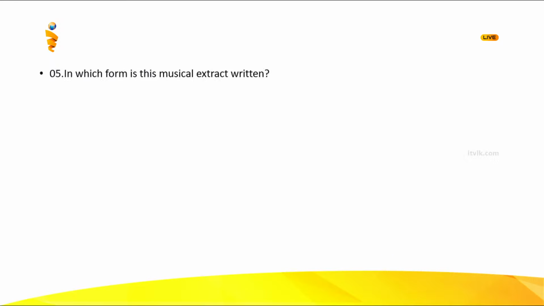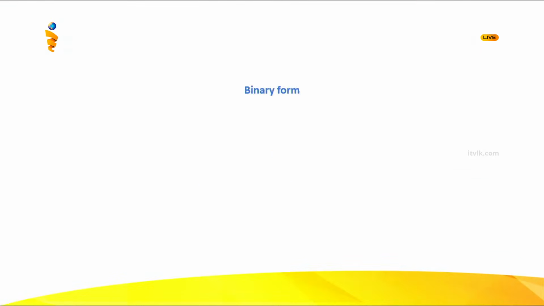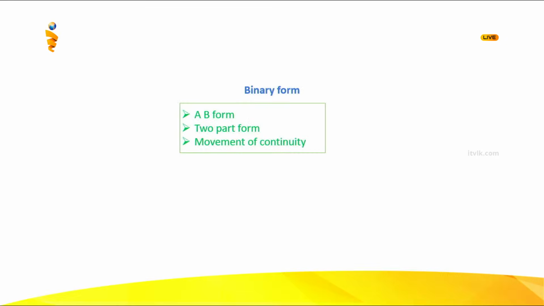Fifth one, in which form is this musical extract written? You have learnt 5 forms: binary form, ternary form, rondo form, air with variation and sonata form. So the answer for this question is binary form. Let's see how to get the answer. There are more names for binary form: AB form, two-part form, movement of continuity.